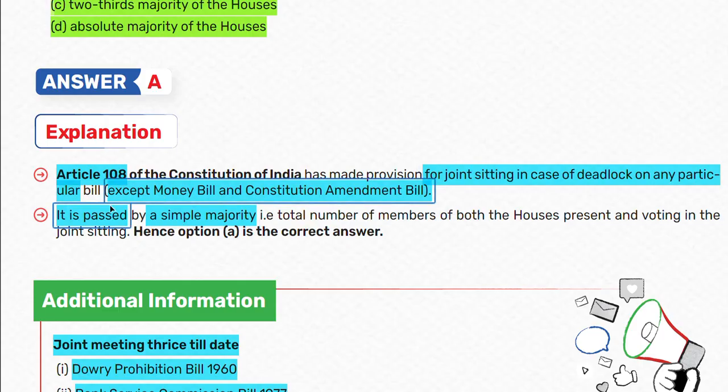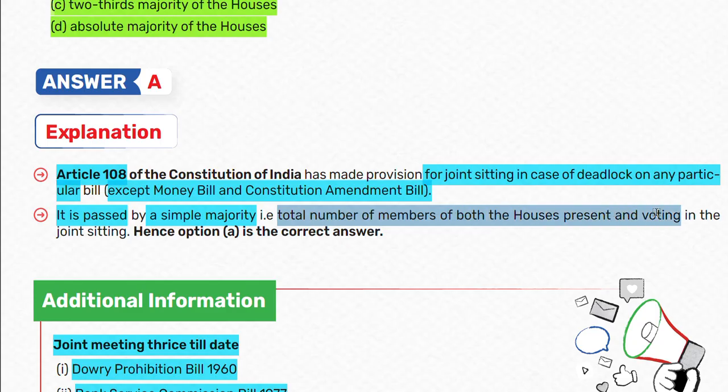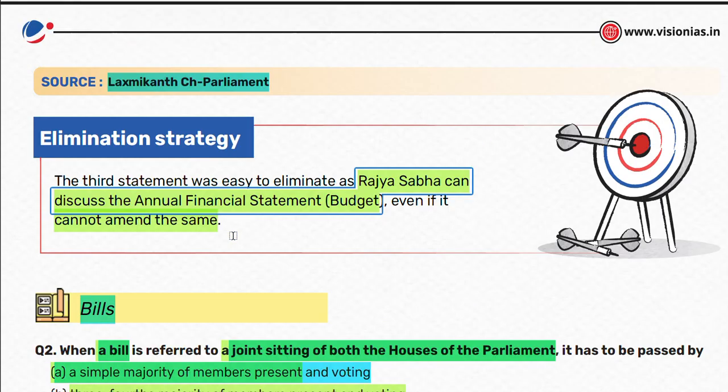For a money bill or a constitutional amendment bill, there cannot be a joint sitting. It is passed by a simple majority of the total members of both the houses present and voting in the joint sitting. So this is the correct answer.